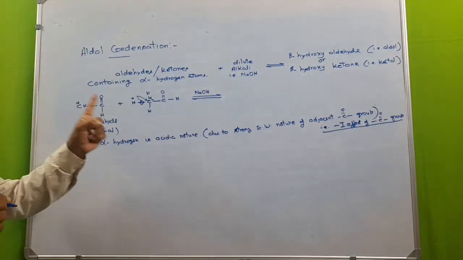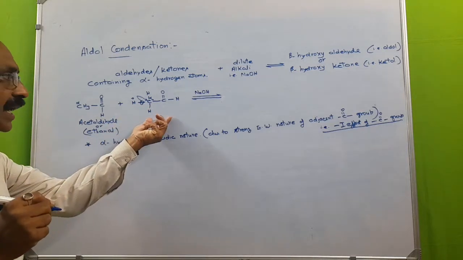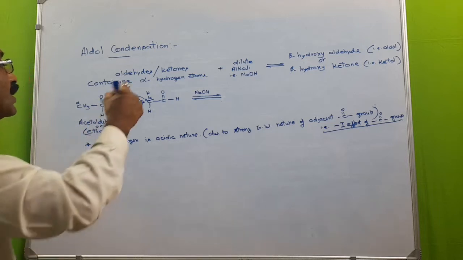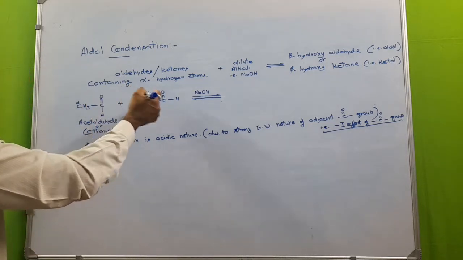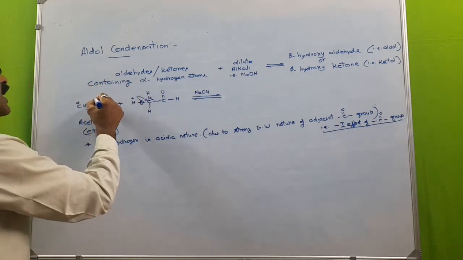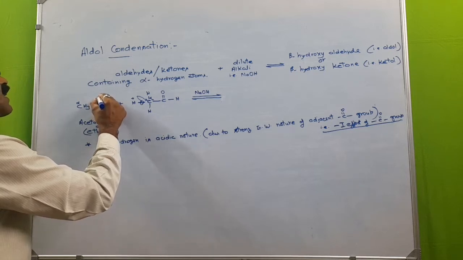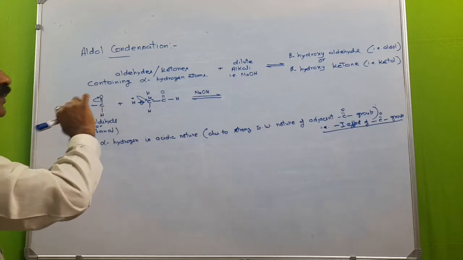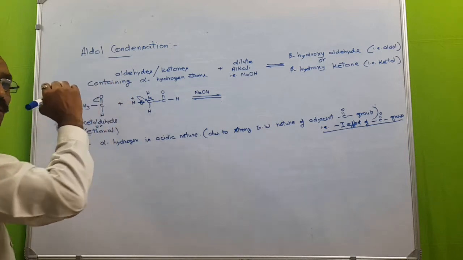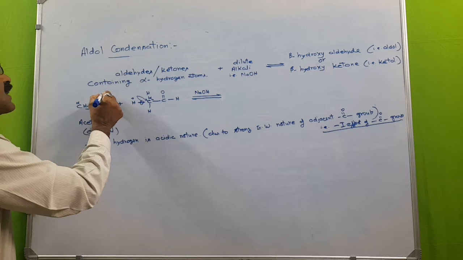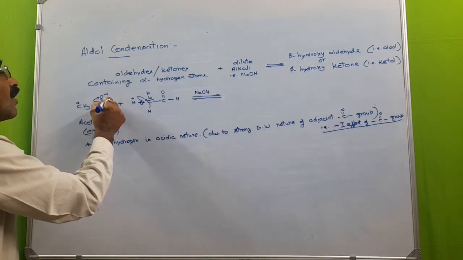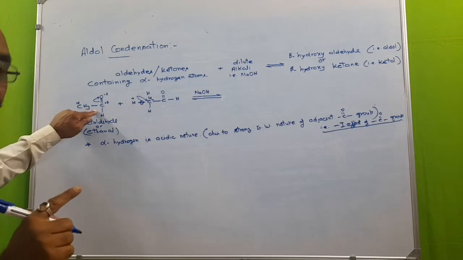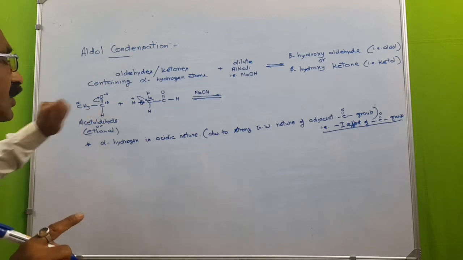This anion acts as a strong nucleophile. So the pi electrons of the other carbonyl molecule shift over the oxygen, and as a result the oxygen bears a negative charge while carbon bears a positive charge.